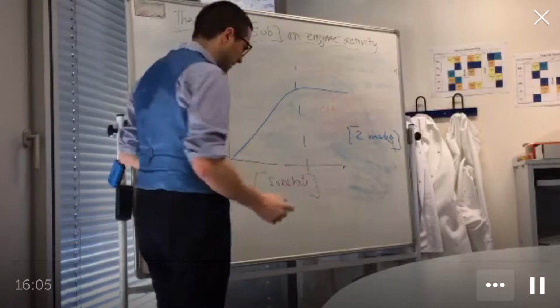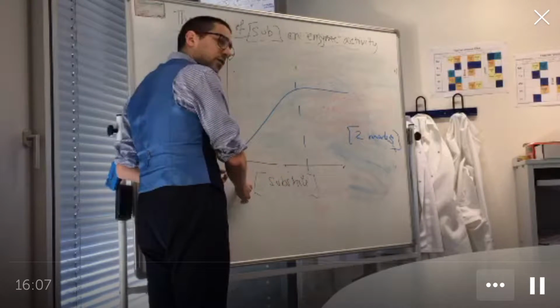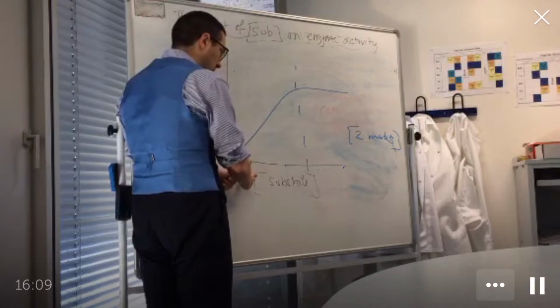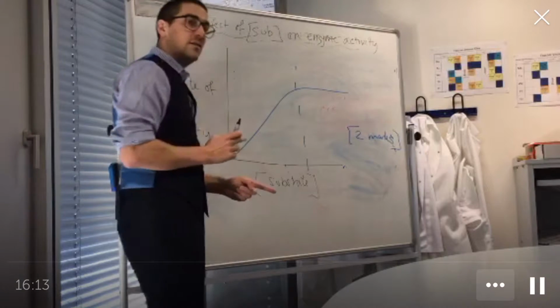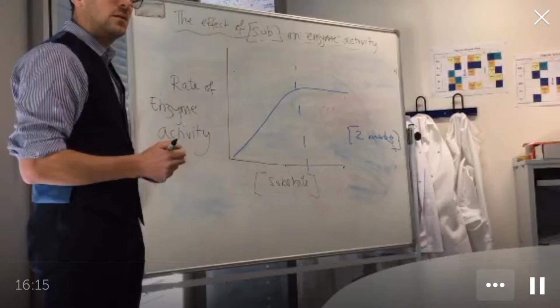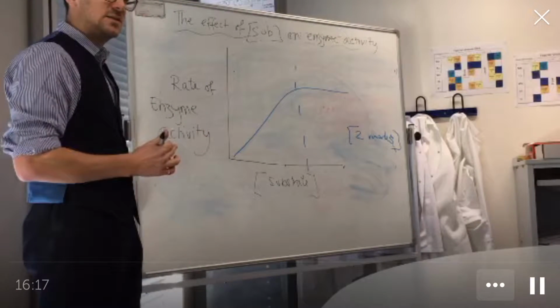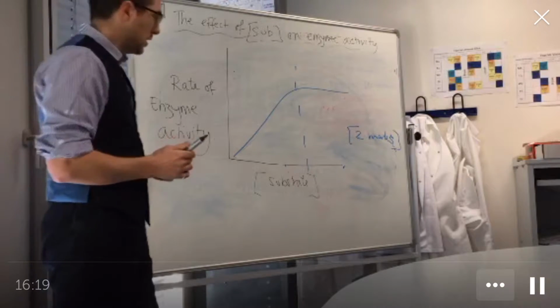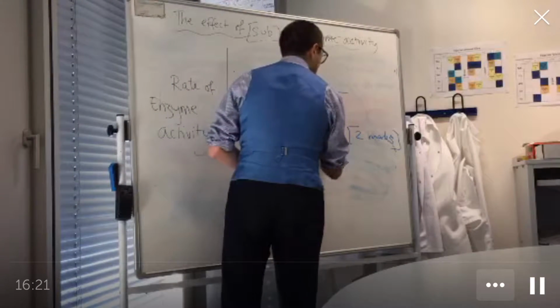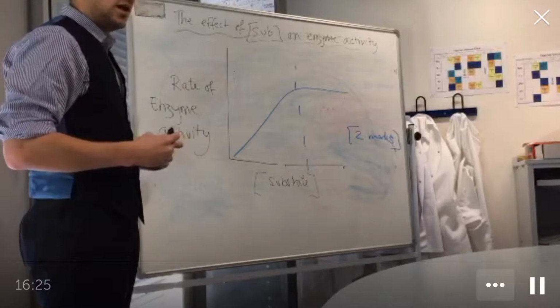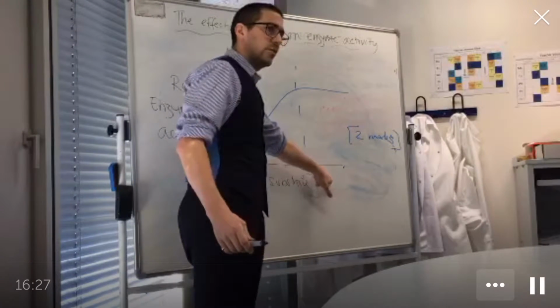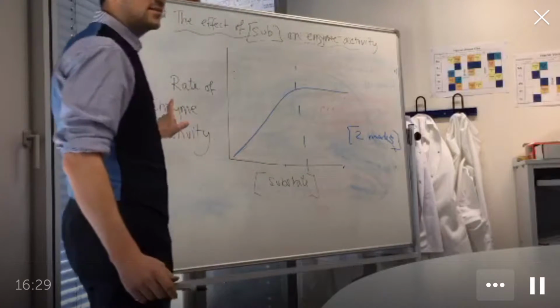The best way to say this is: at low substrate concentrations, increasing the concentration increases the rate of activity. At higher substrate concentrations, increasing the substrate concentration has no effect.